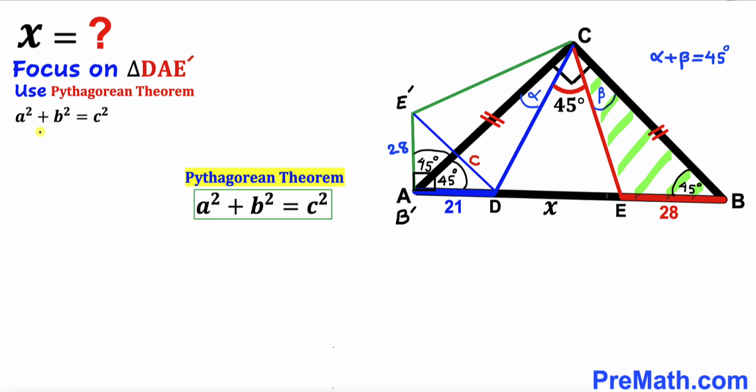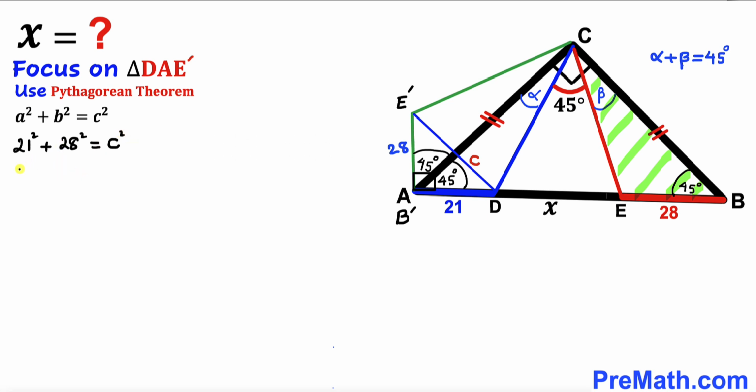Let's fill in the blanks: 21 square plus 28 square equals c square. Let's simplify. 21 square is 441 plus 28 square is 784 equals c square.